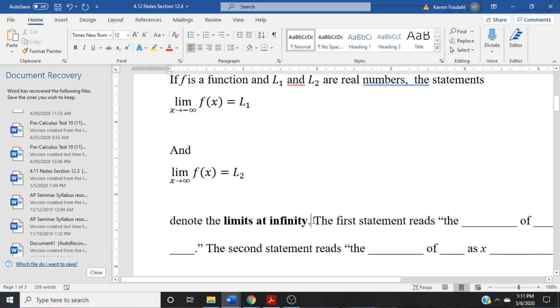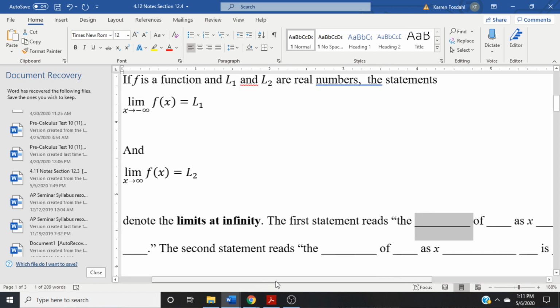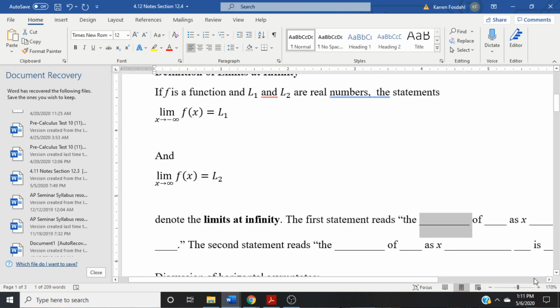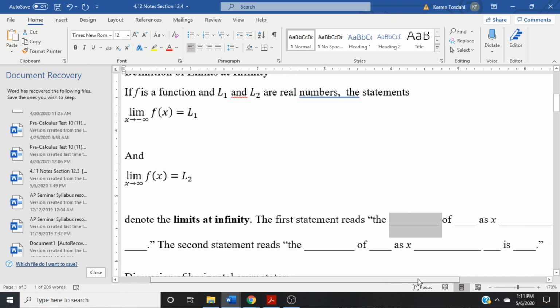Okay. So the first statement that we read up here actually reads, here, I'll go back out a little bit so we get more of the page. Okay.